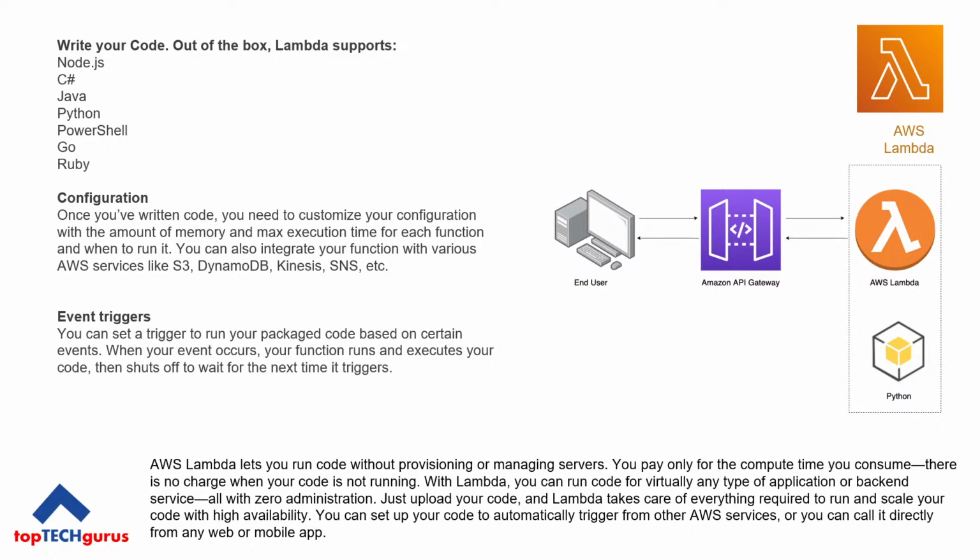And you can still connect to services such as S3, DynamoDB, SNS, Kinesis, etc. You don't have to provision a virtual machine or set up any server. You can do all that using AWS Lambda.